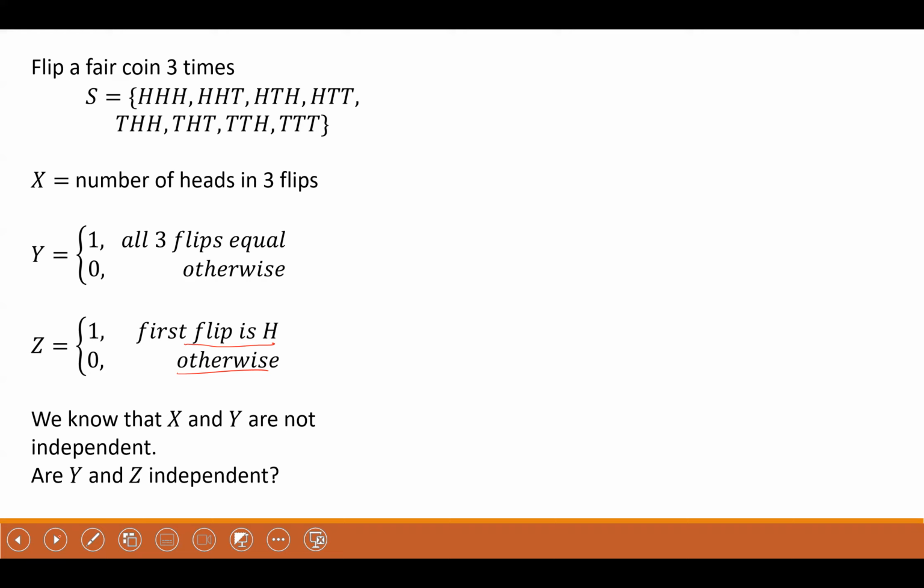If they are independent, first of all, any guesses? So using your intuition, if I tell you something about y, do you have extra information about z? I mean, nothing obvious comes to mind, for me at least.